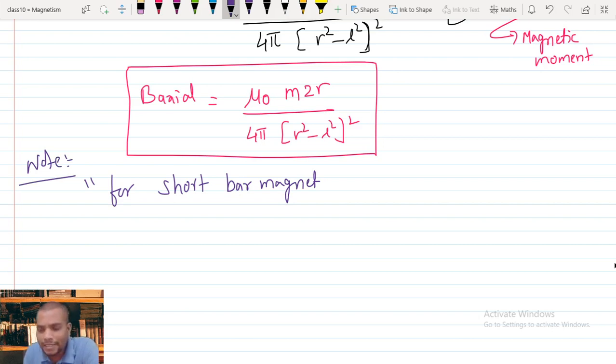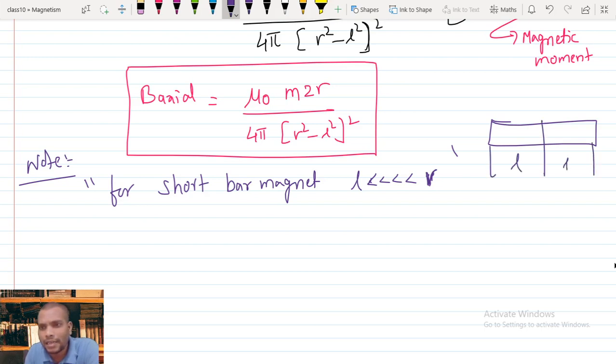If the length is very much smaller than the distance r of the point we consider, so we have taken a bar magnet like this with length 2l, and a point which is very far away, then we can neglect l here.